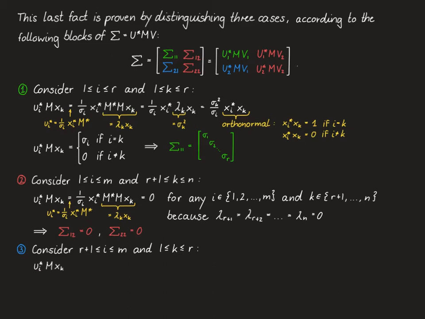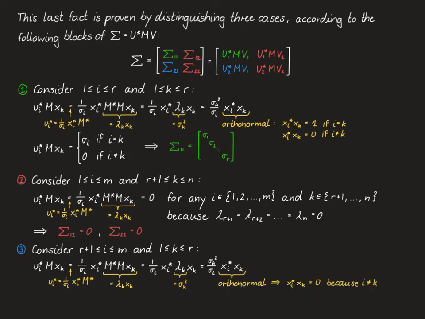Again, we look at the expression ui star M xk and we substitute ui star with 1 over sigma i xi star M star and M star M xk with lambda k xk, and with lambda k equal to sigma k squared and pulling the scalar into the front, we obtain the same expression as in case 1, sigma k squared divided by sigma i times xi star xk, where the vectors xi are still orthonormal, and hence xi star xk is always equal to 0, because for the given range of indices i and k in case 3, i can never be equal to k.